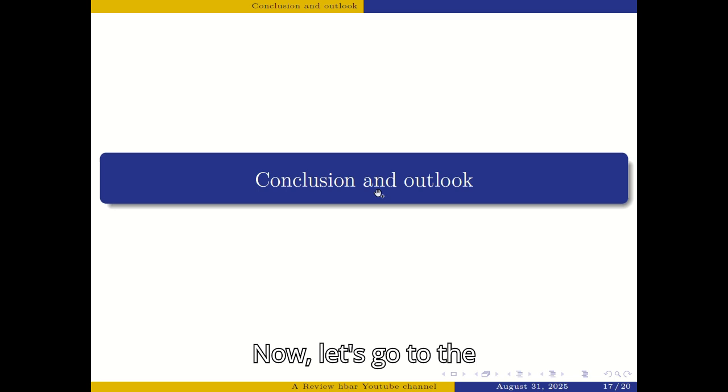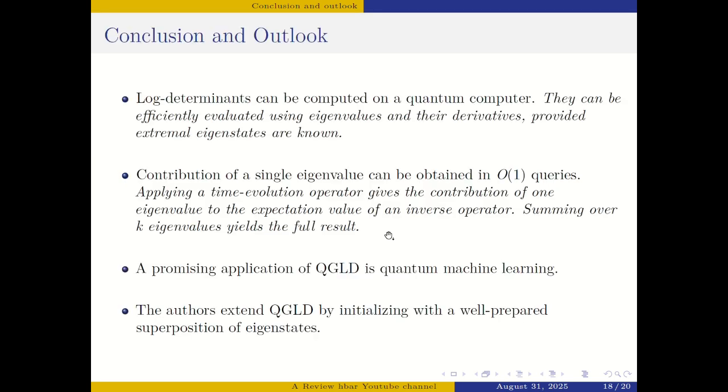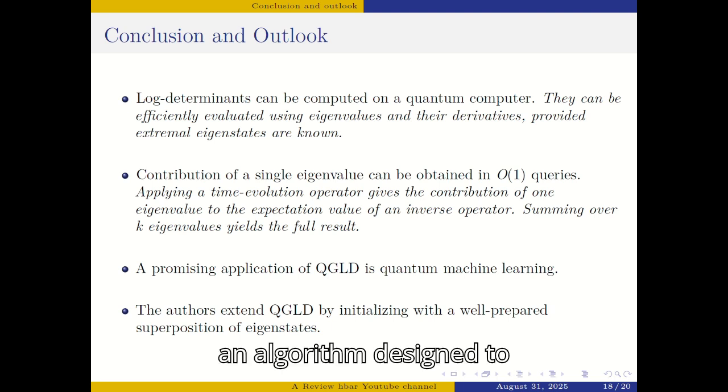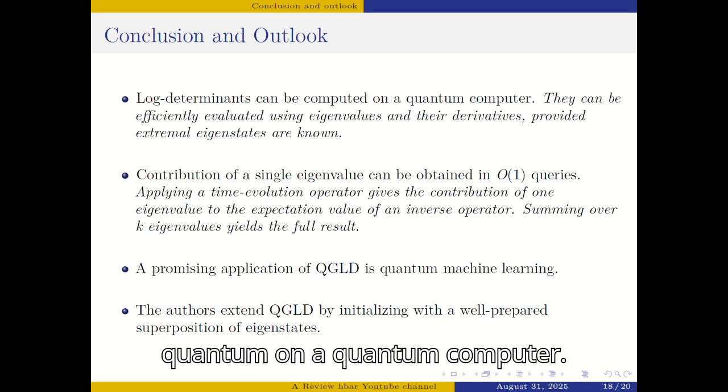Now, let's go to the conclusion and the outlook. In this paper, the author presents an algorithm designed to evaluate the derivative of the logarithmic determinant of a quantum on a quantum computer.